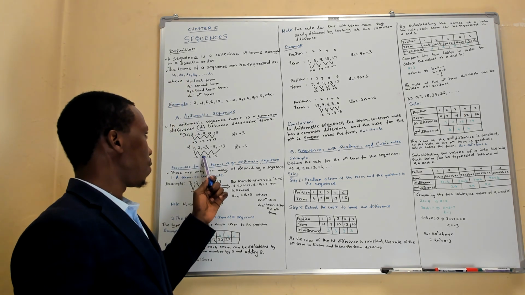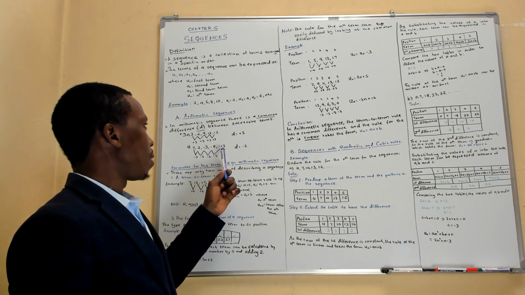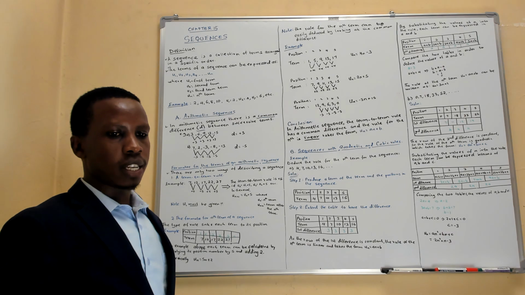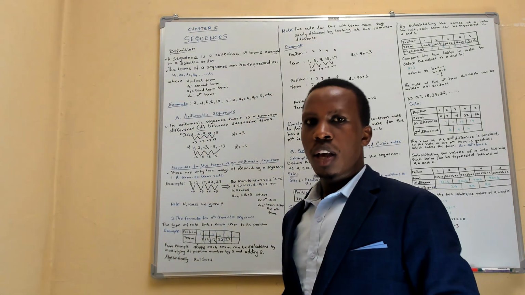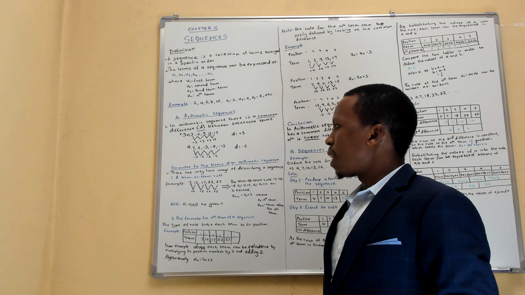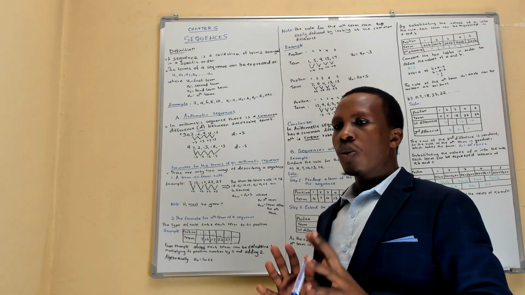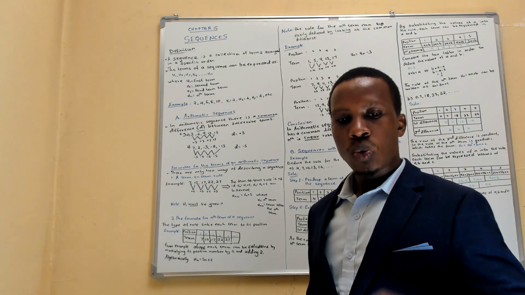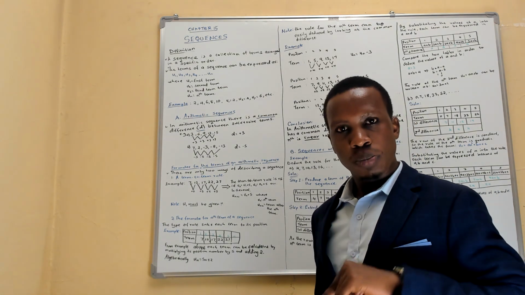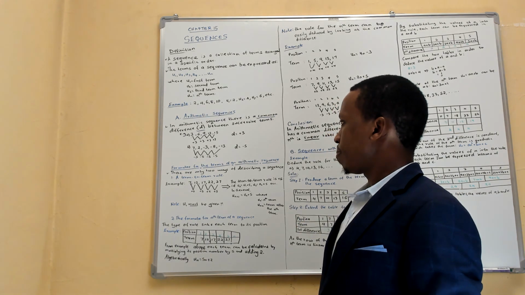I also have -5 added to 2 to get -3, and so on, to get a common difference of -5. So for an arithmetic sequence, there must be a common difference.